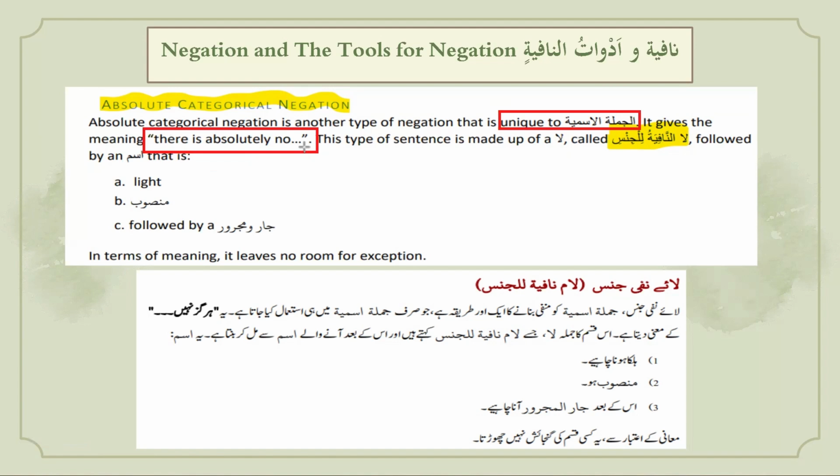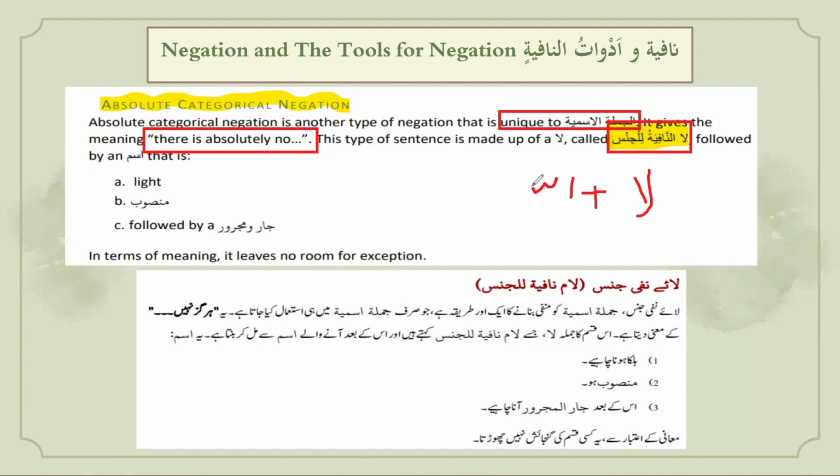This type of sentence is made up of a la, which is called la nafia lil jins. The conditions for a la to be nafia lil jins are that it has to be followed by an ism. Let me write the la, and it is followed by an ism.